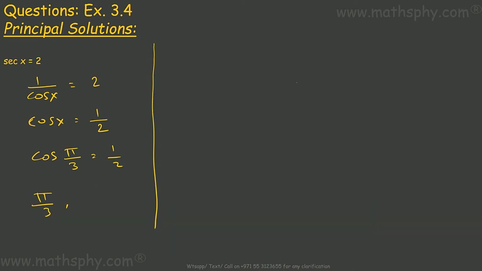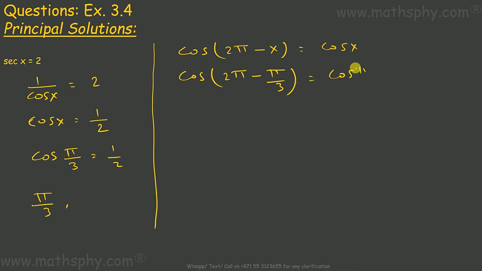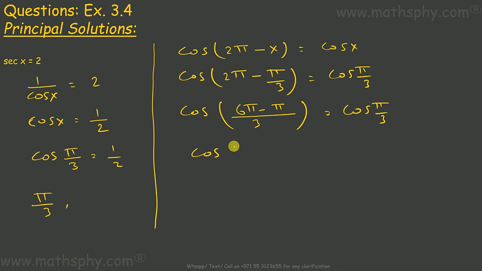Second, I know that cos(2 pi minus x) equals cos x. So cos(2 pi minus pi over 3) will be cos pi over 3. If I solve this, it gives me cos 5 pi over 3 equals cos pi over 3.